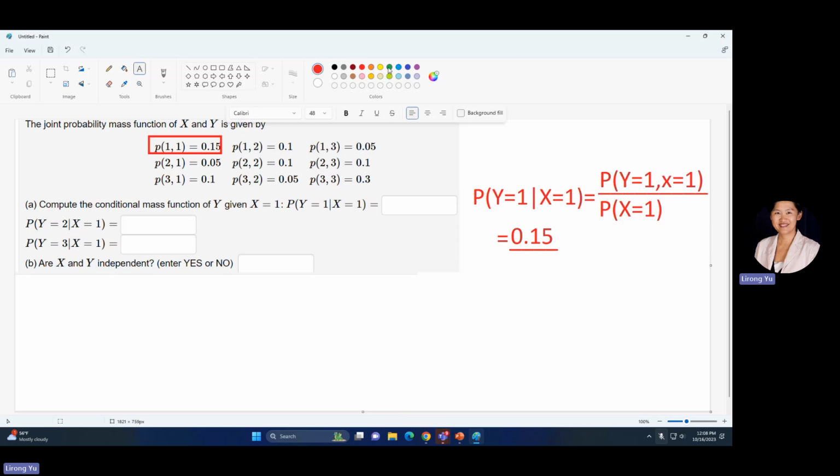The denominator has to be the total probability for x equals 1. So we have to add it all together. It would be a marginal probability for x equals 1, and this is a marginal probability for x equals 2. You will have to add the entire second row, but we only need the first row. If you add it together, it's 0.3, I think. So if we divide, it's going to be 0.5.